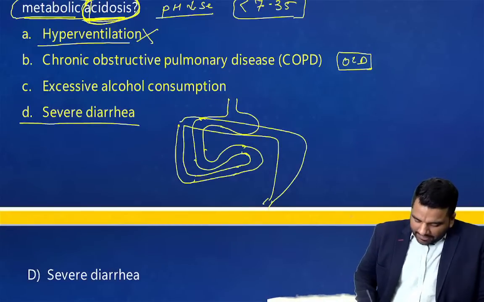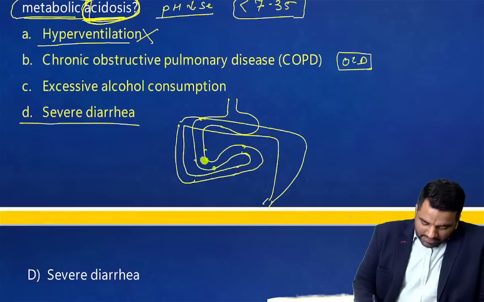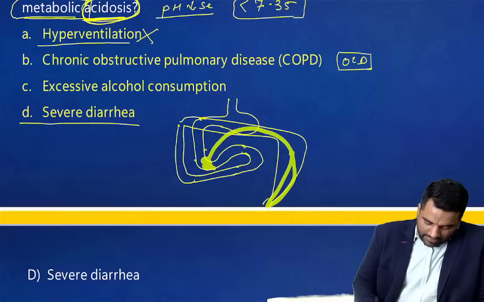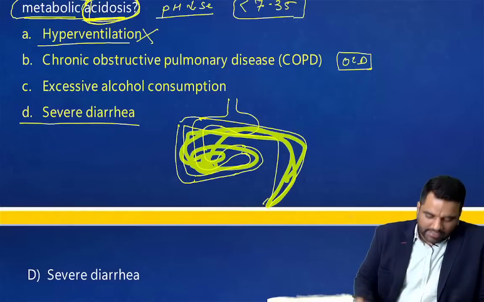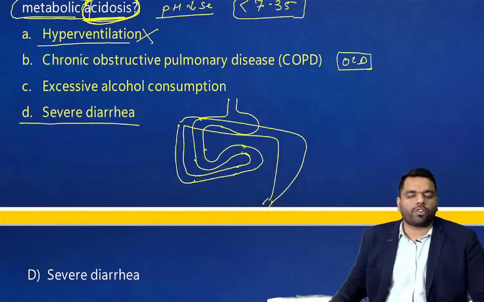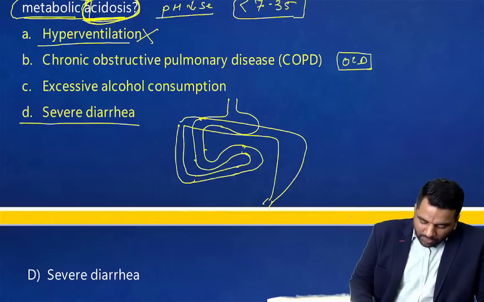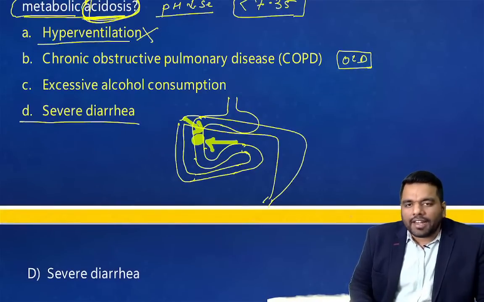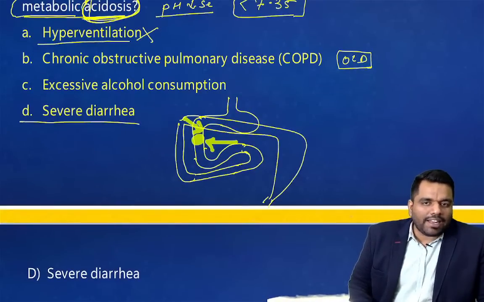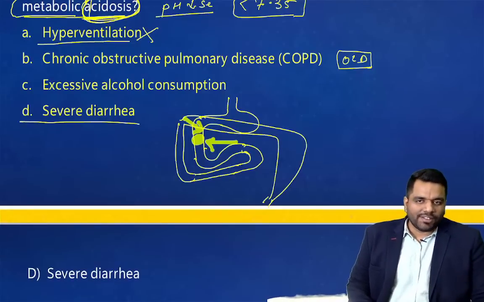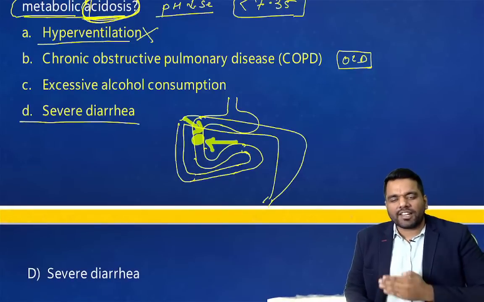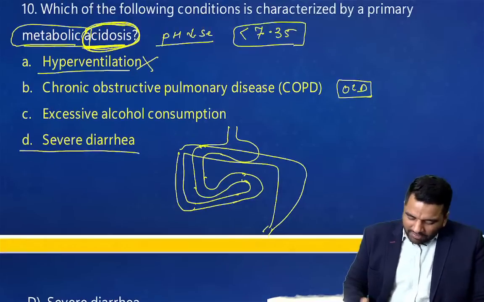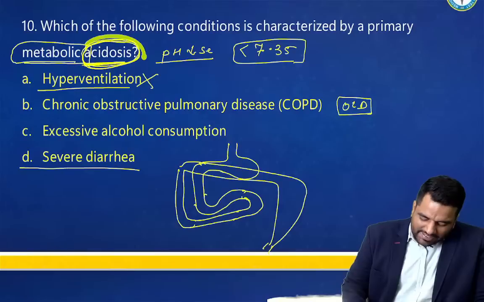Diarrhea means any content present from this area up to this area starts moving out of the body. In the duodenum there is a lot of alkaline secretion from the glands, so all the alkaline content in the digestive tract is washed out of the body. If more alkaline is washed out, the body remains in an acidic condition.